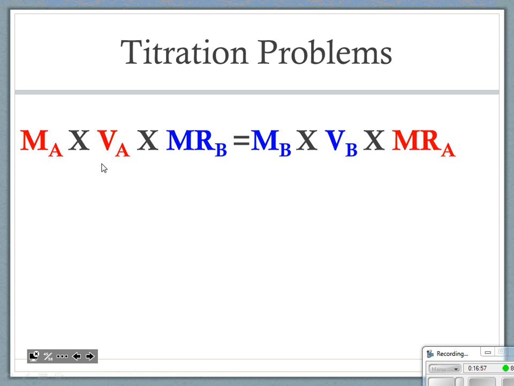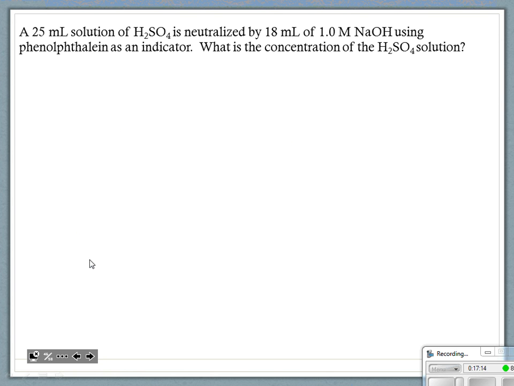The coefficients of your balanced equation. So the molar ratios come from the coefficients of your balanced equations. So, let's jump right in. Go ahead and copy this down. This is our first titration problem that we will be working.